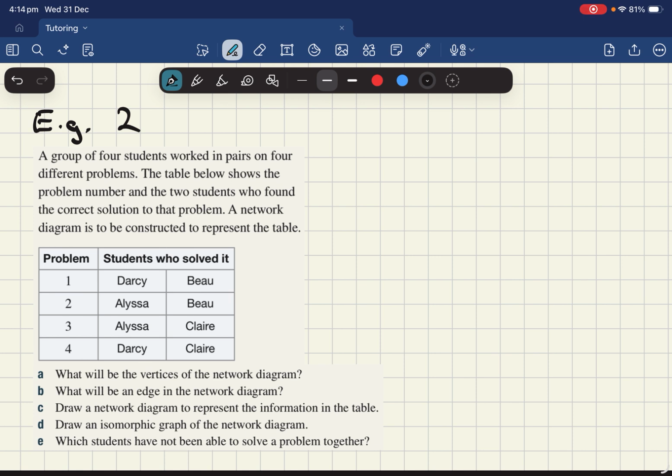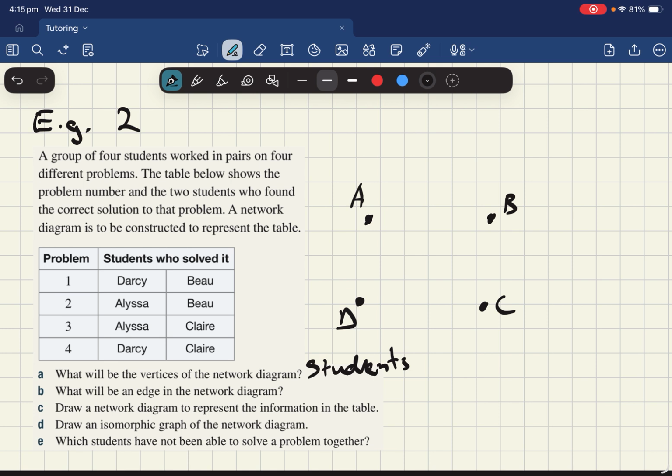Now, if we wanted to draw this as a network diagram, the vertices that we're going to choose are going to be the students. That makes sense, right? Because all of the different students are the different points. They're the vertices on our network diagram. So let's just say A, B, C, and D. Now, it's saying what will be an edge in the network diagram.